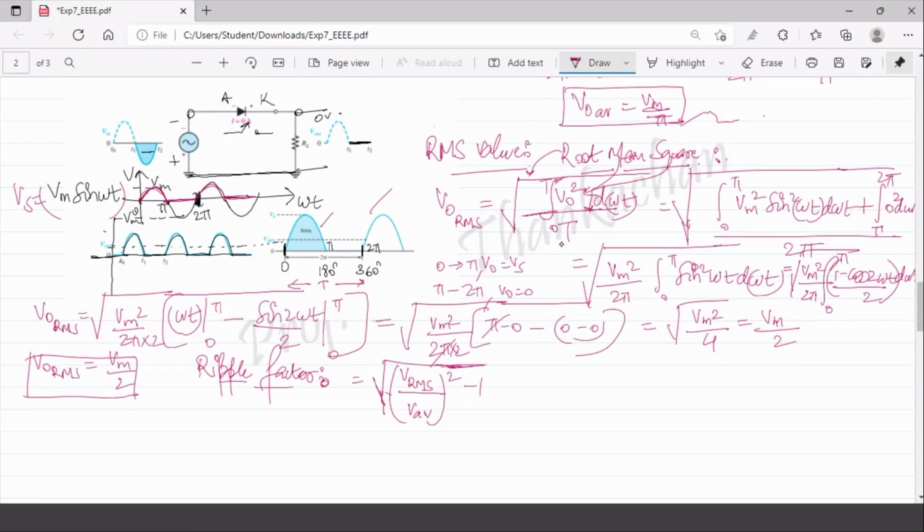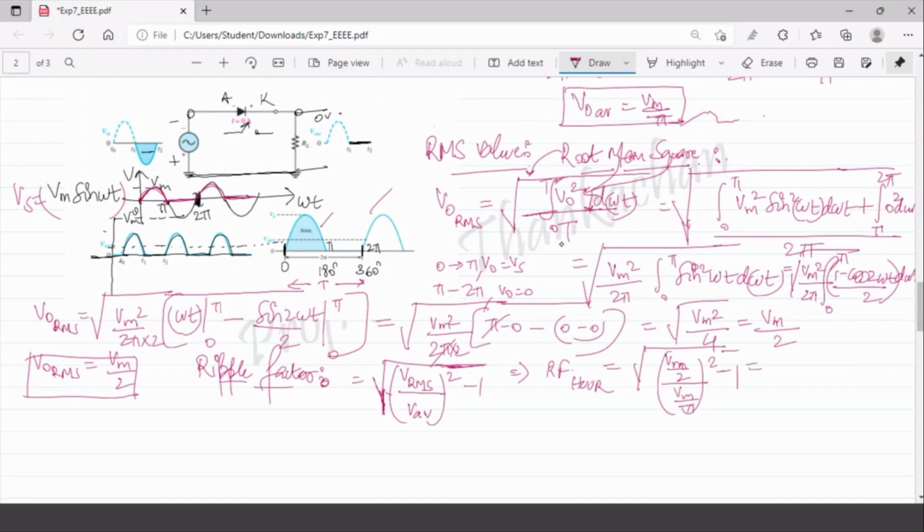Its value is the root of (RMS component divided by average component) the whole square minus 1. So if I want to find out the ripple factor for a half wave rectifier, you can see this will be the root of RMS. We have already found out this is Vm by 2, so this is Vm by 2 divided by the average, which is Vm by pi, whole square minus 1.